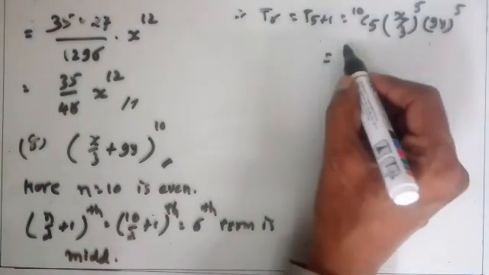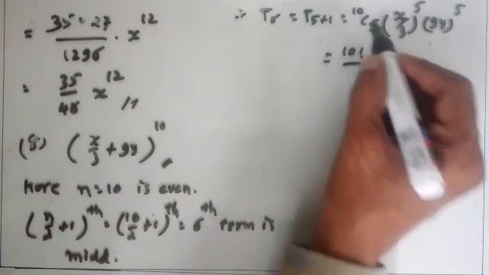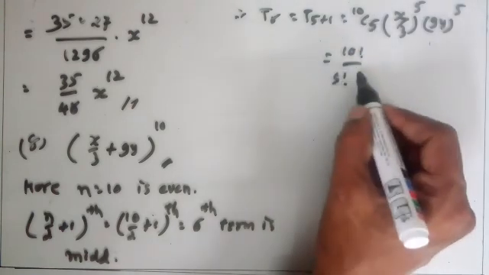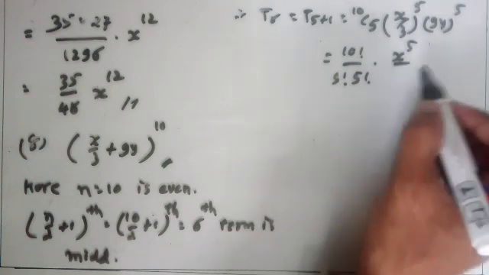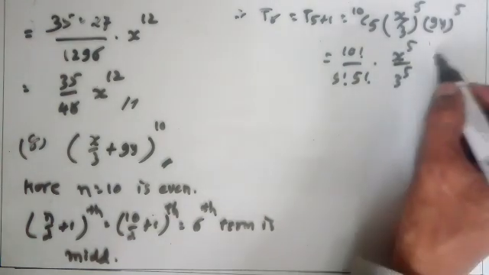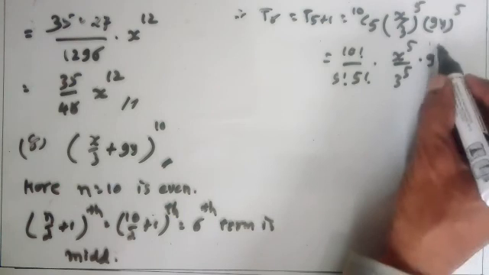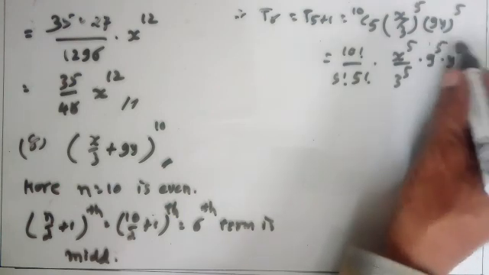So it is equal to 10 factorial upon 10 minus 5, that is 5 factorial, into 5 factorial, into x raised to 5 upon 3 raised to 5, into 9 raised to 5 into y raised to 5.